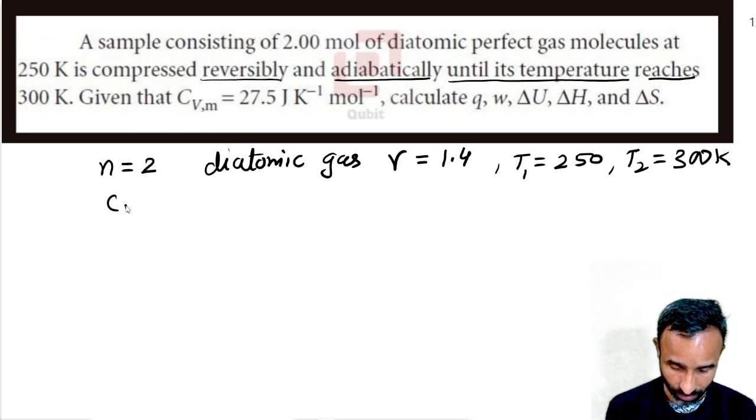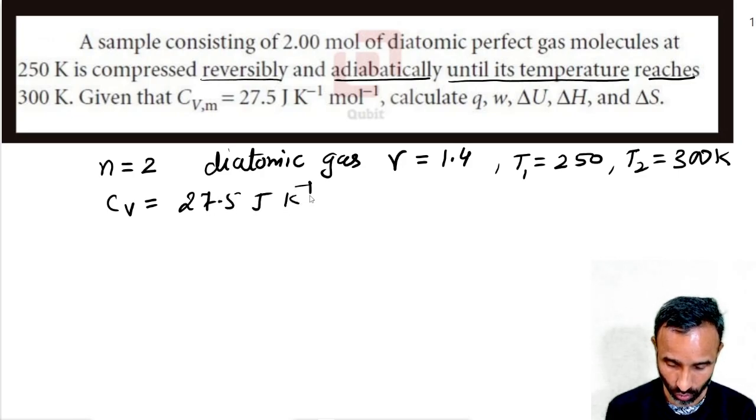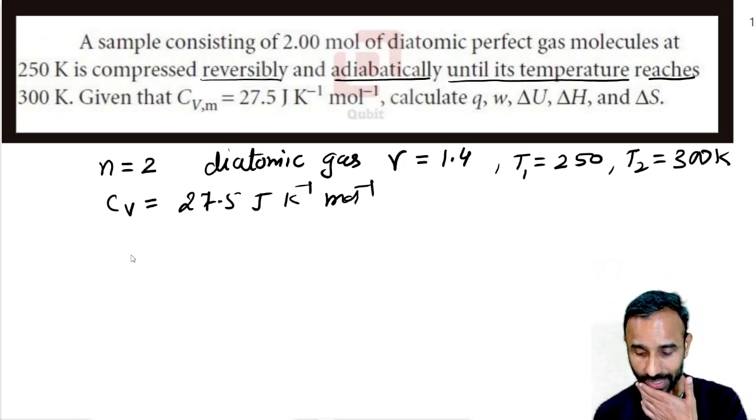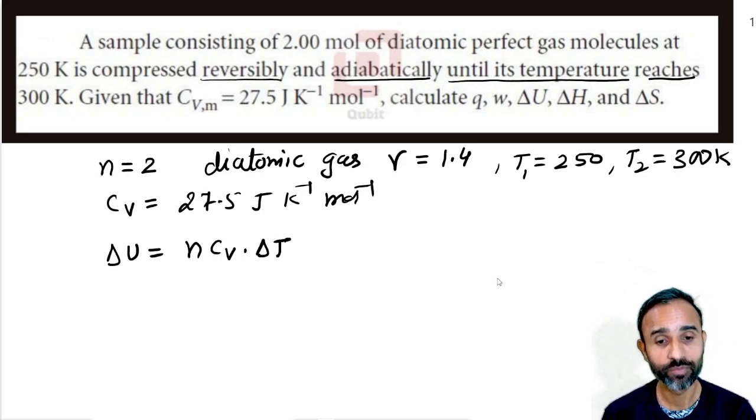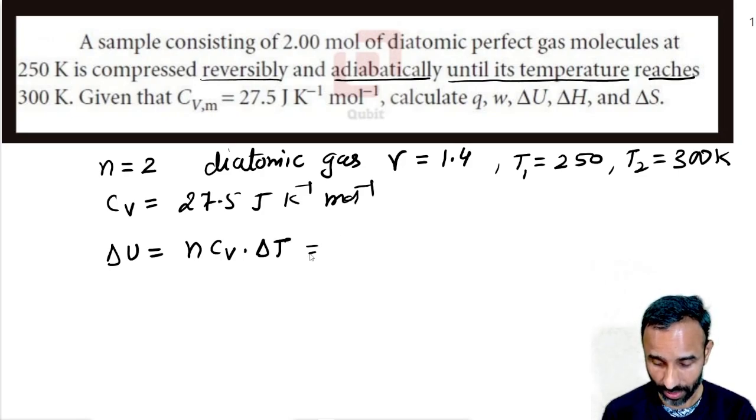Cv is given as 27.5 joule per Kelvin per mole. To calculate delta U, it is n Cv delta T, and Cv is R upon gamma minus 1.